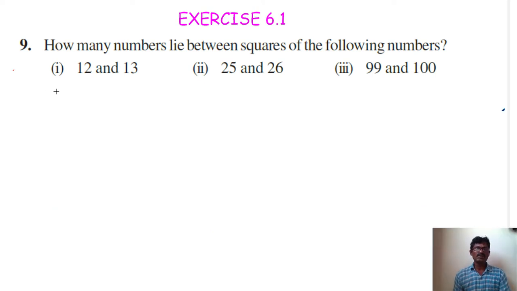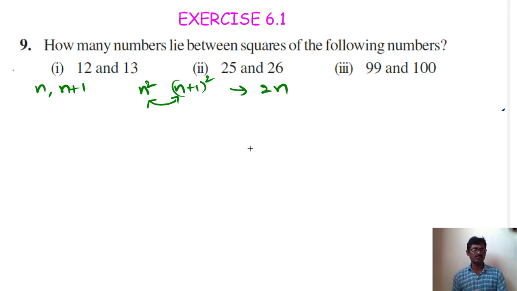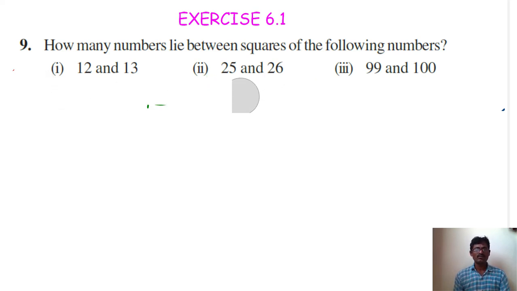We can do these problems another way also, by using a formula. Suppose n and n plus 1 are two successive natural numbers, then between n square and n plus 1 whole square, there will be 2n natural numbers. Now by using this formula, for the first one, we can take n equal to 12 and n plus 1 equal to 13.